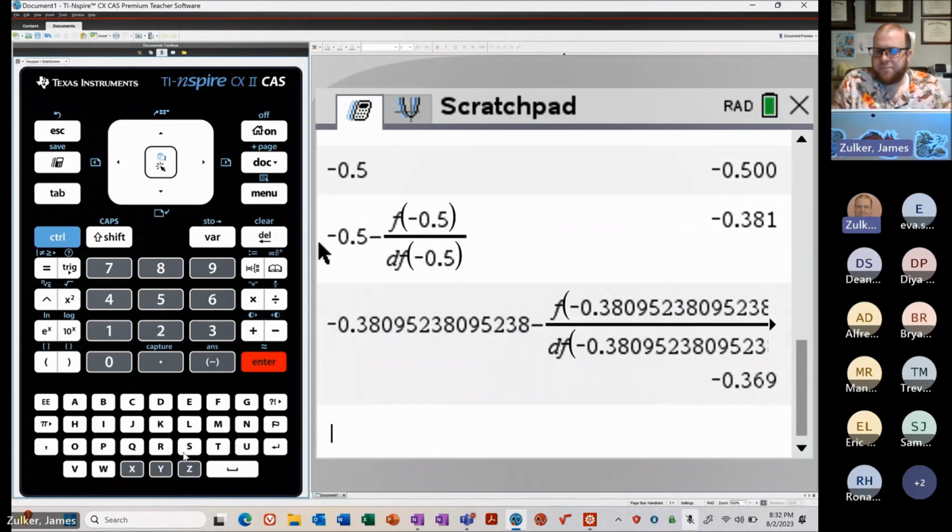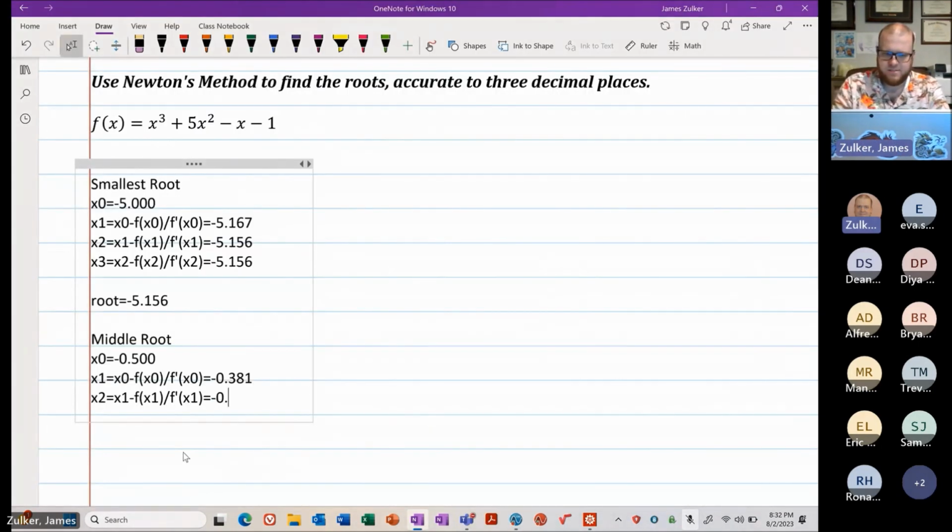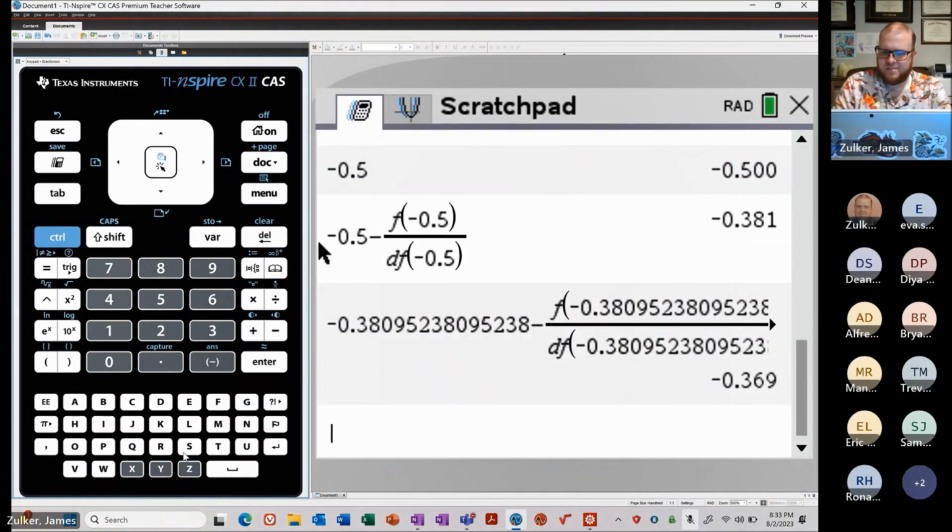Hit enter again: negative 0.369. They do not agree to 3 decimal places, so go again.